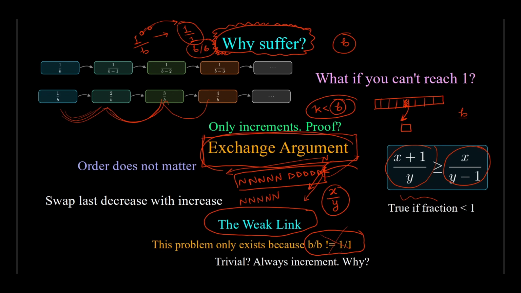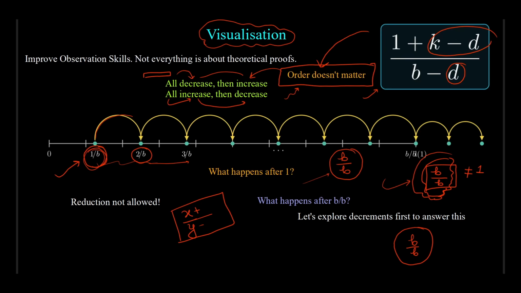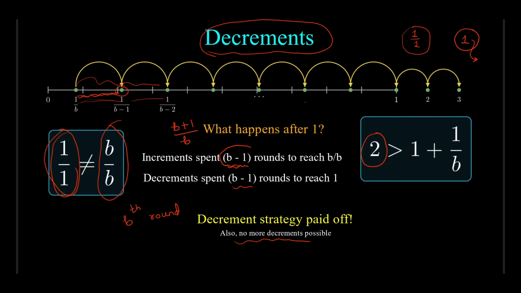So yeah, at this point, feel free to pause the video and think about all the observations and arguments that we have made. Basically, the exchange argument, the ordering does not matter, and then ordering all the increases first and then doing the decreases, and then concluding that one is the turning point, one is the sweet spot after which everything changes. You see how everything hinges on this one.